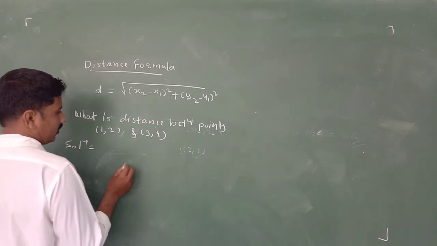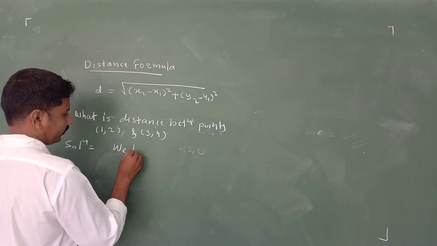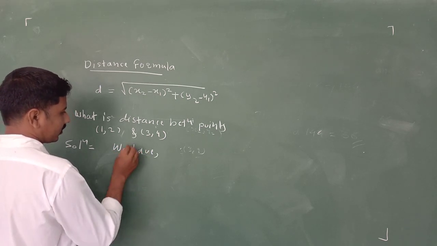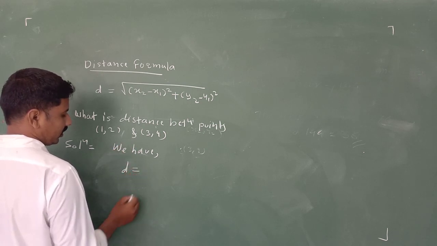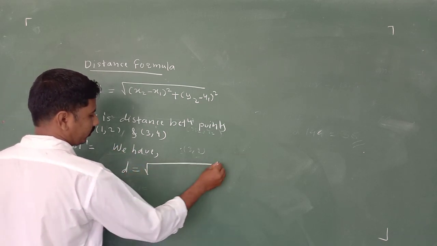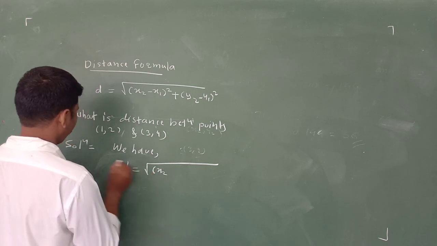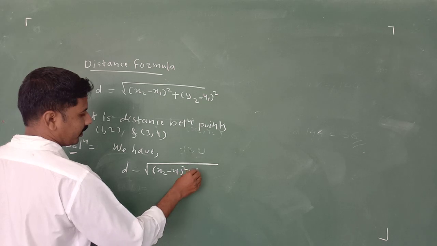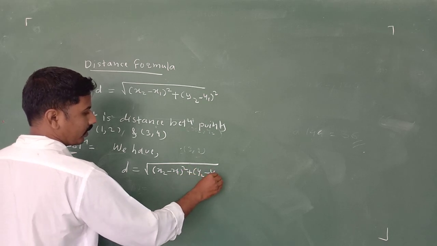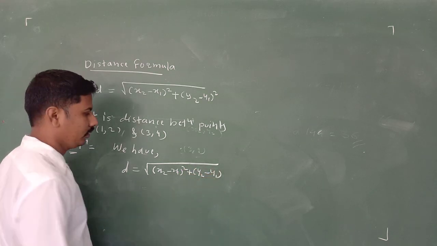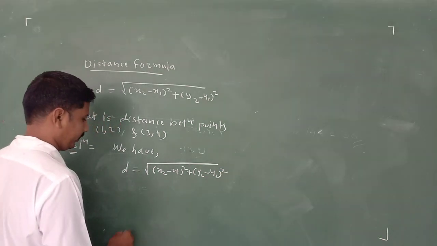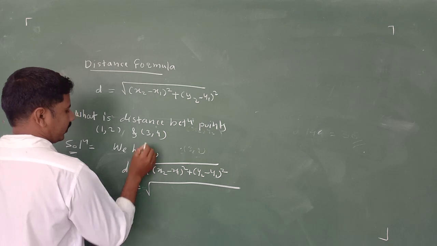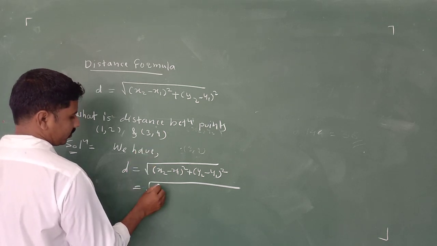So we have, distance D is equal to under root x2 minus x1 bracket square plus y2 minus y1 bracket square, is equal to under root, x2 minus x1.